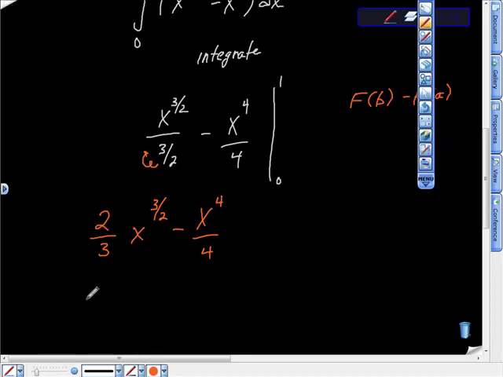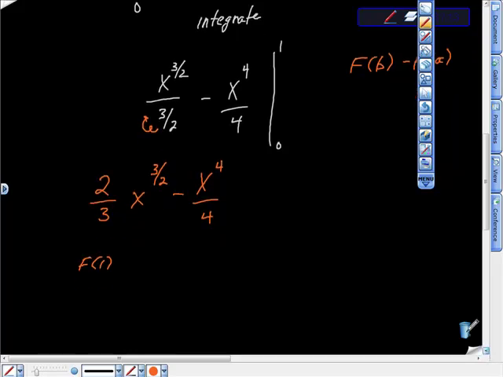And I'm going to evaluate f of 1. If x is 1, this just becomes 2/3. 1 to the 4th is still 1, so minus 1/4. Minus, we need f of 0. But if we take a really quick look, f of 0 becomes irrelevant because this whole thing is going to be 0. This goes to 0, and this will go to 0.